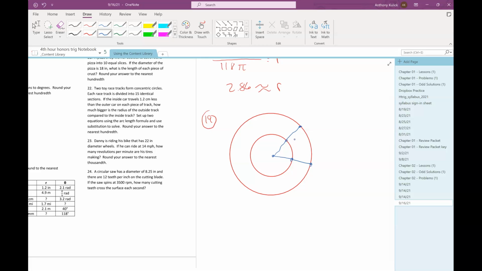It says the radius of the smaller circle is 4.3. Actually, let's use letters here and we'll write the numbers in later. So that's R1 there. And it says the cut arc measures 5.2.